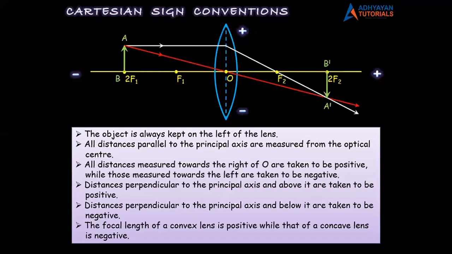Now, having understood the Cartesian sign conventions, we need to understand few important formulas which are related to the lens. And trust me, all the formulas are very, very simple. In fact, the first formula itself is called as the lens formula. Now, what is lens formula? Your lens formula is a relationship between V, U and F. I repeat, lens formula is a relationship between V, U and F. Now the question is, what is V, what is U and what is F? ये सब हमने 9th में पढ़ा है, अगर तुमको याद है तो.